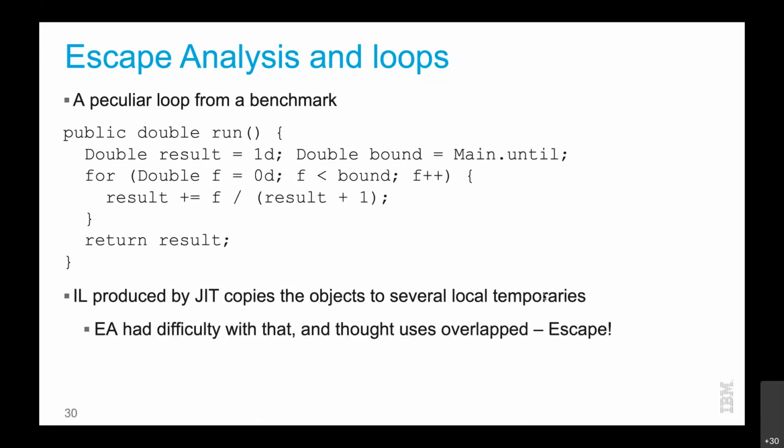And the way that was being done, it ended up confusing escape analysis, and EA ended up thinking that the uses of the candidate objects were actually overlapping one another, and it thought that they were escapes. So EA was not stack allocating the F and the result objects for the generated code of this method.